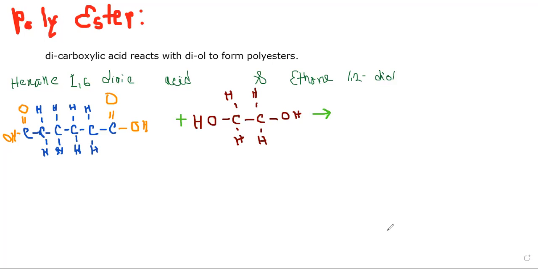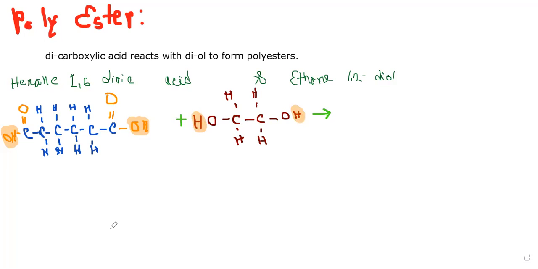To make the polyester, we can follow a simple easy trick: we keep our focus on the OH and the H groups, those highlighted ones.